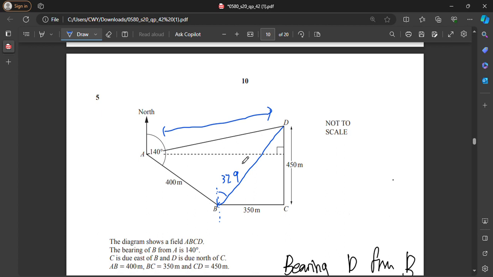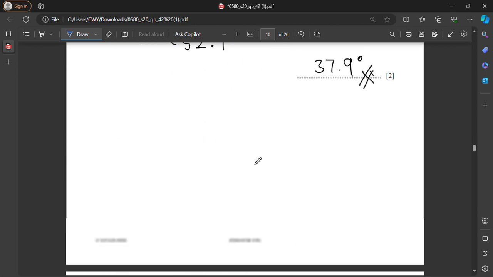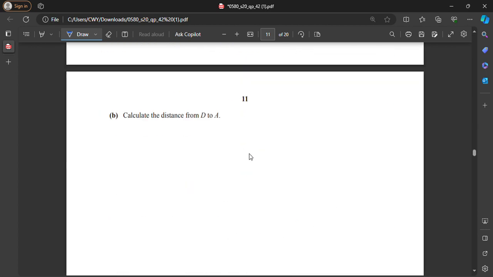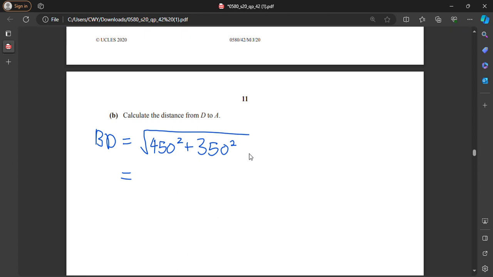So firstly I might need to calculate BD. BD is equal to the square root of 450 squared plus 350 squared. You press it in the calculator, and you get 570.09 meters.